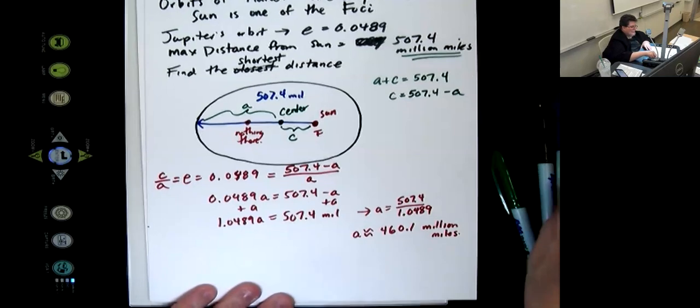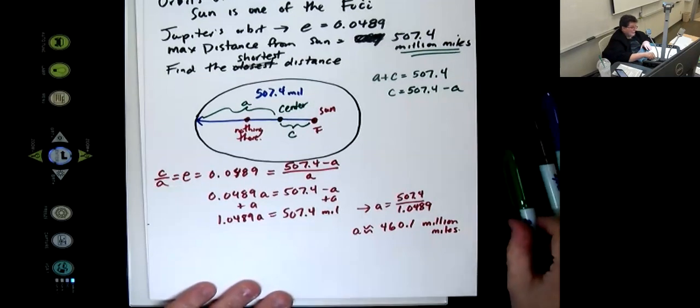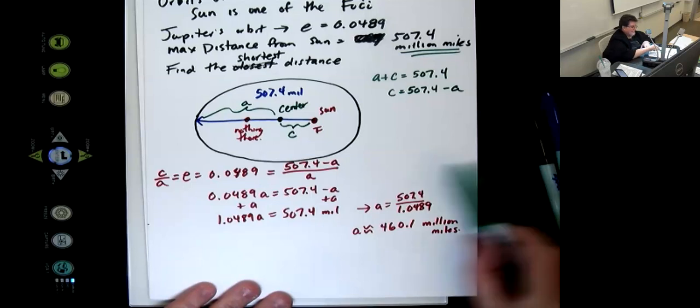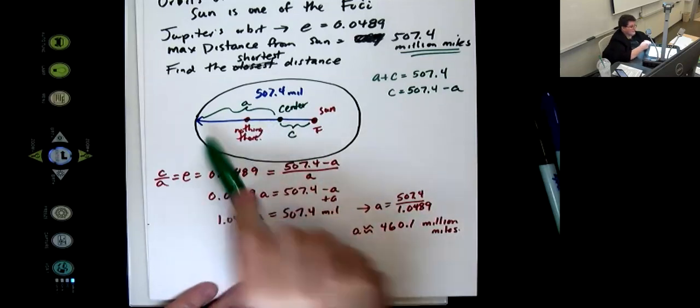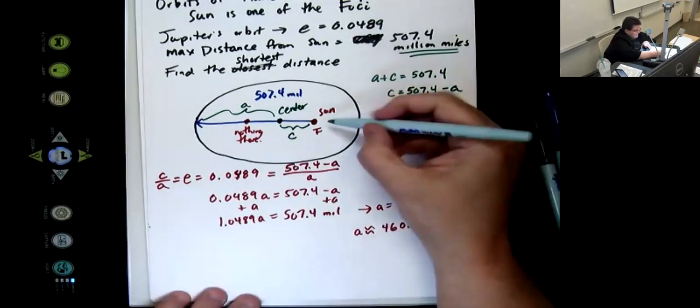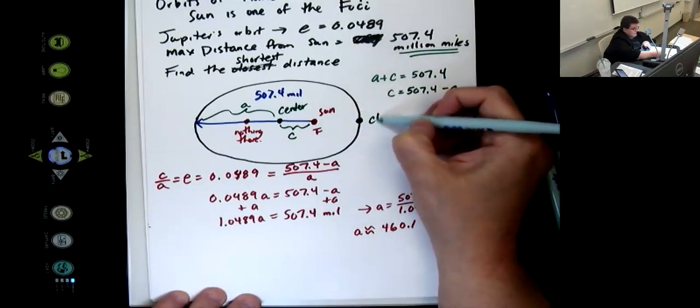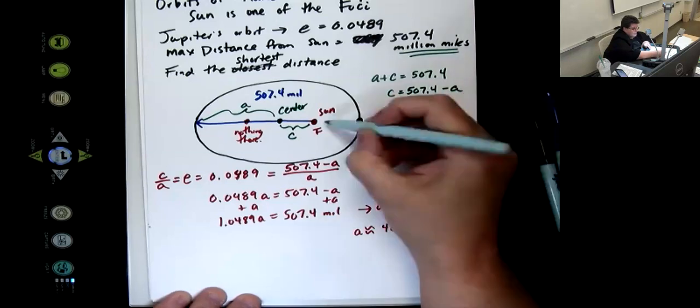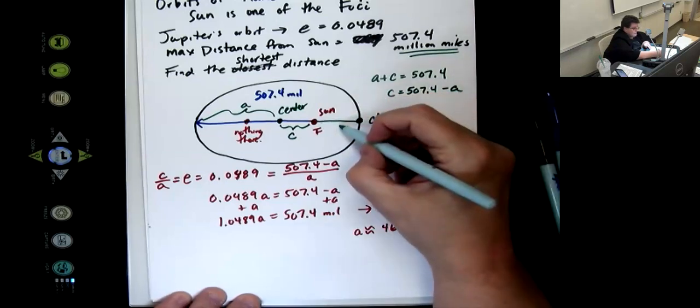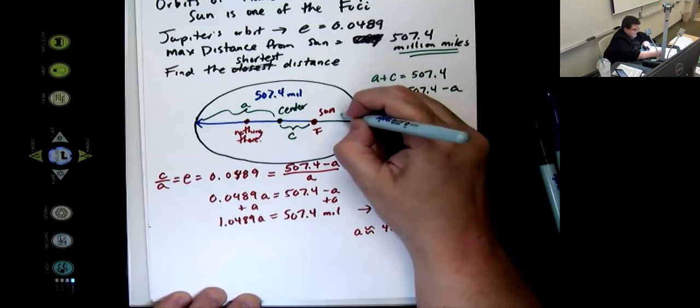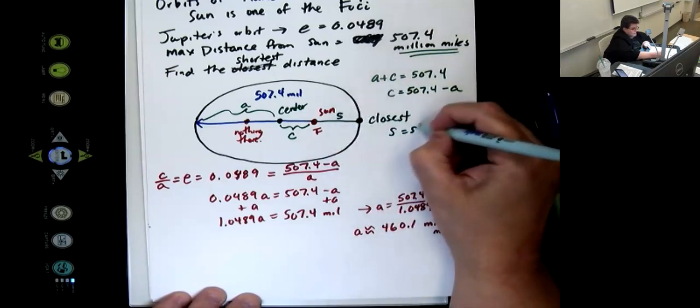That gives us a little more information. That's not what we're looking for, though. That's the distance from the center to the edge of the ellipse. We want the closest Jupiter is to the sun, which would be right here. That would get us the shortest distance. I'm going to call that S. S equals shortest.